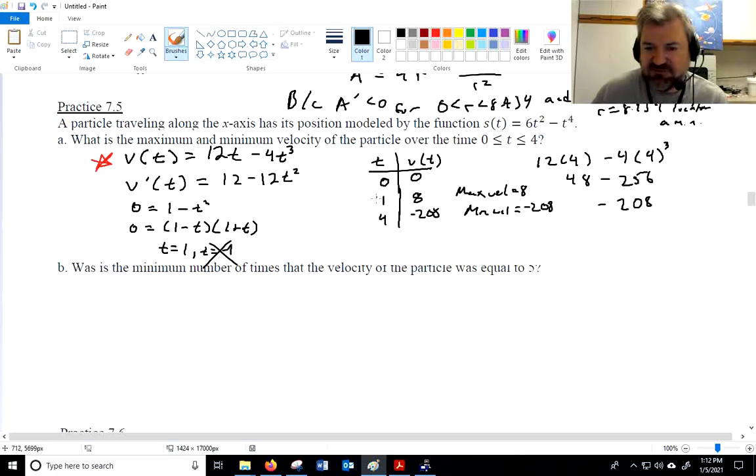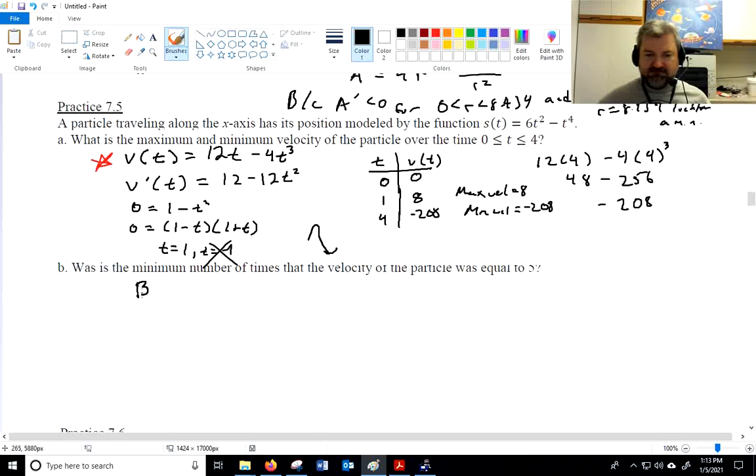So this graph definitely went up and then started going back down forever, right? Based on the information I have, the velocity was 0 at t equals 0 and 8 at t equals 1. Since the velocity is continuous, it must have gone through 5 there. Likewise between 1 and 4.